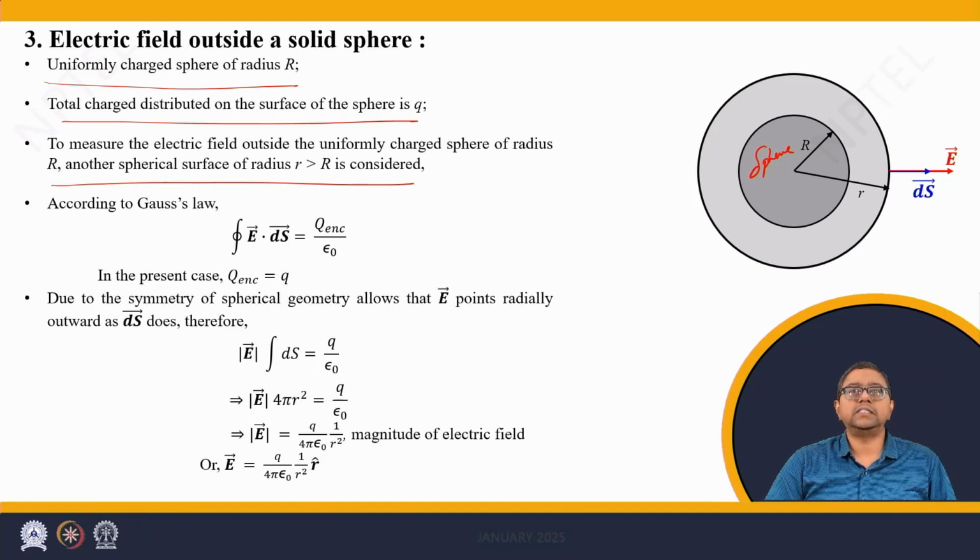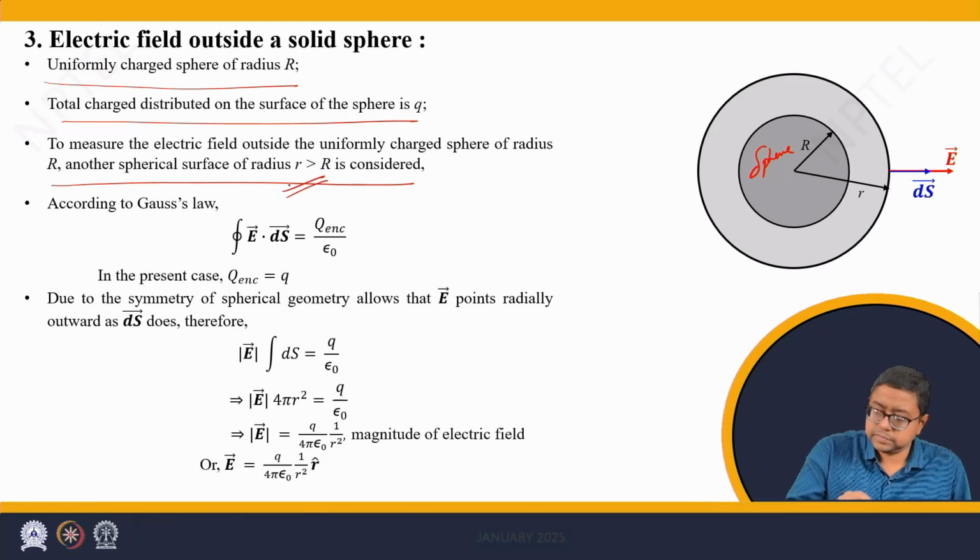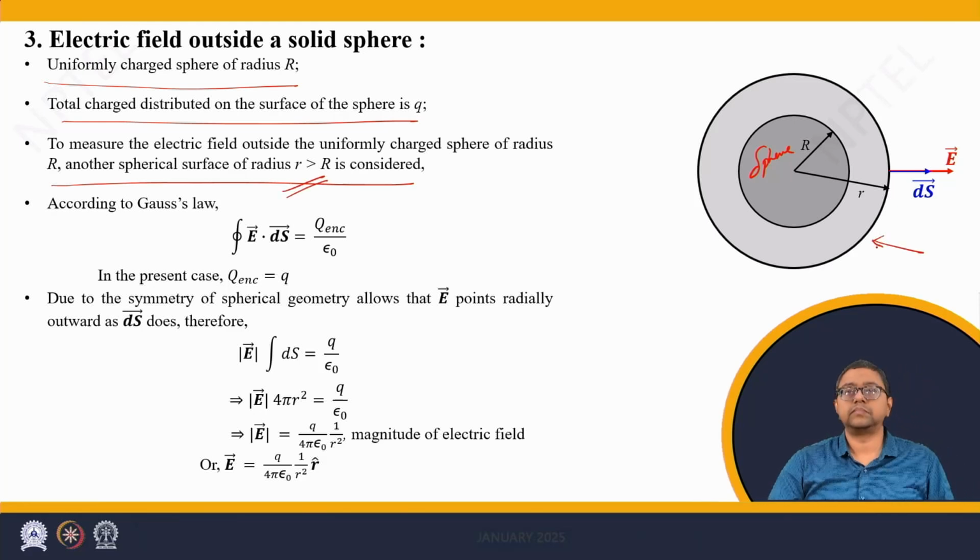For that, let us consider another hypothetical concentric spherical surface located at a distance little r which is greater than capital R. This sphere is colored lighter gray. Now, at any point on this sphere, we can have the outward vector ds vector representing the elemental surface area ds.